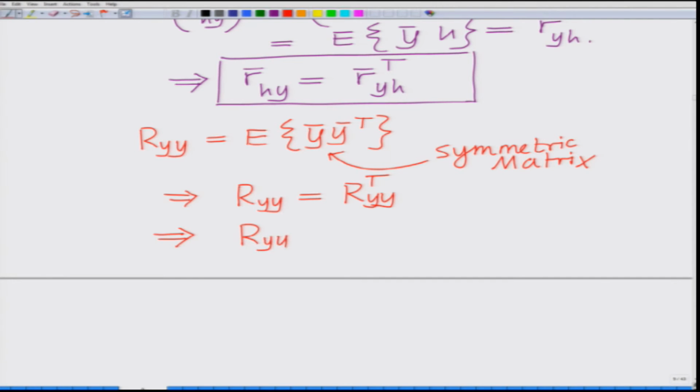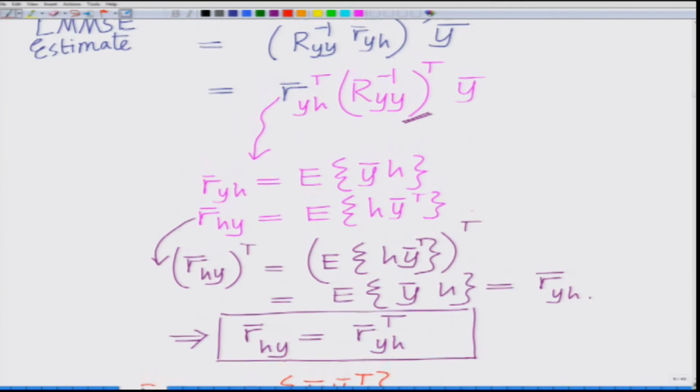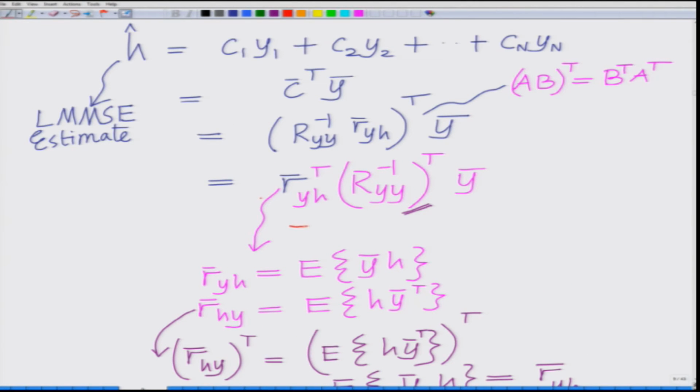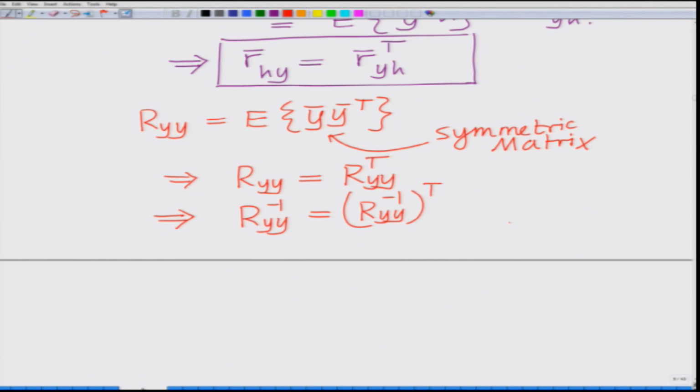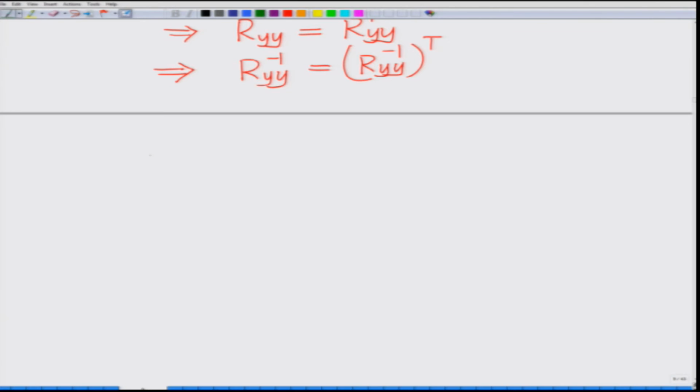This also implies RYY inverse is RYY inverse transpose, and therefore, I can simplify this quantity here. First, instead of RYH transpose, I can use R bar HY. RYY inverse transpose is the same as RYY inverse. So, I can write this as R bar HY RYY inverse y bar, and this is the expression for the LMMSE estimate, and this is a succinct as well as very interesting expression. So, let me rewrite it again.